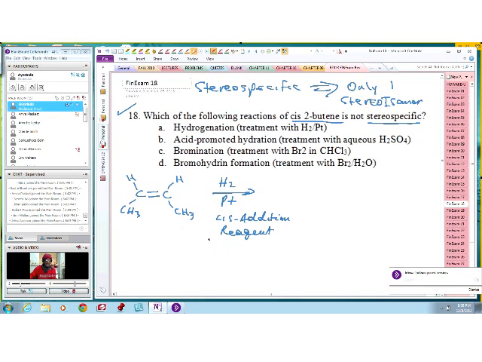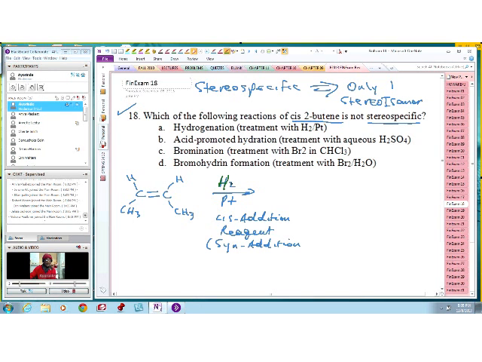This is a cis addition reagent, or sometimes you may refer to it as a syn addition reagent. Now, what does that mean? What that simply means is the two hydrogen atoms will be added to the carbon-carbon double bond from the same side of the molecule.